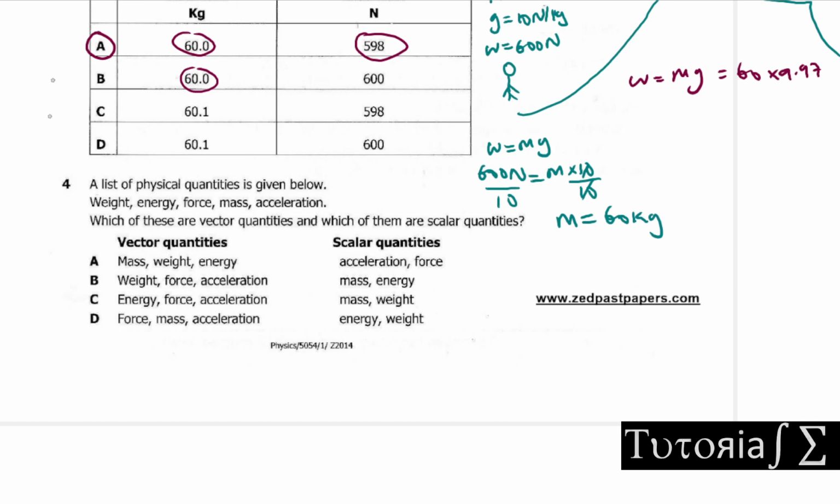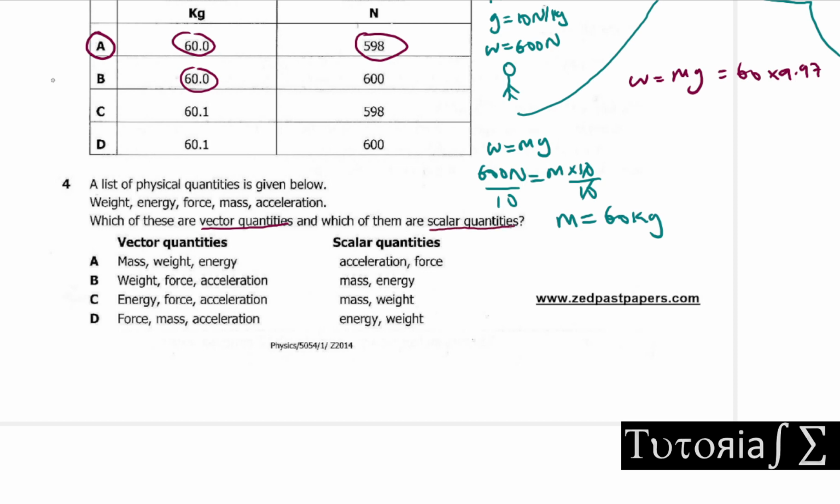The question reads: a list of physical quantities is given below: weight, energy, force, mass, and acceleration. Which of these are vector quantities and which of them are scalar quantities? Vector quantities need to have magnitude and direction.